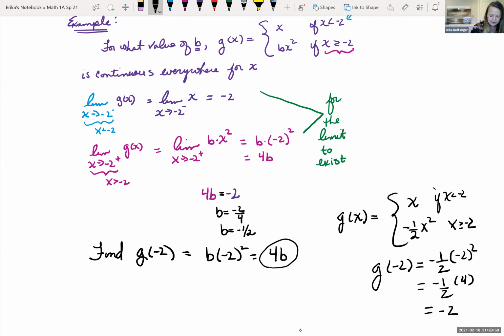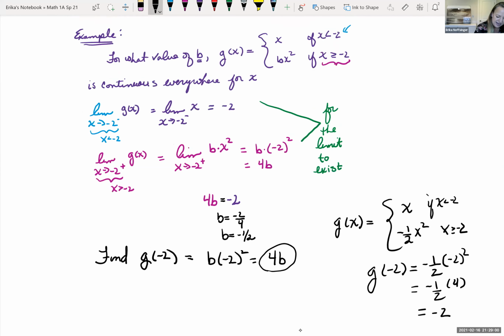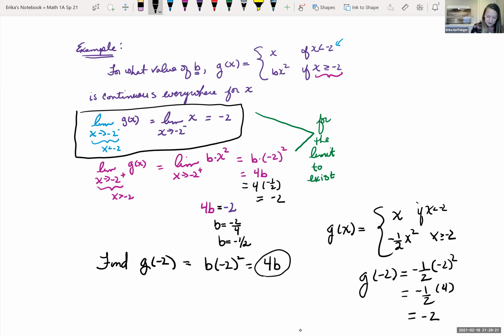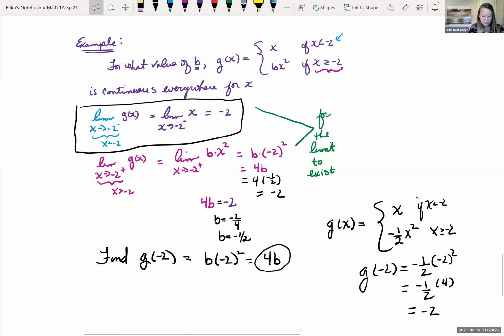So it exists. Notice that my left-hand side limit was equal to -2. If I make b equal to -1/2, that right-hand side limit was also equal to -2, which equals g of that number. So those three conditions hold, and we showed that if b is -1/2, then this function would be continuous everywhere.